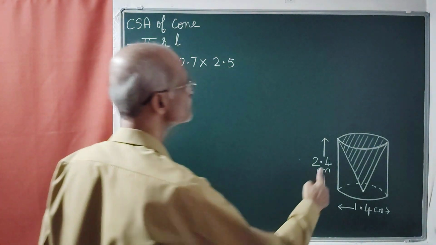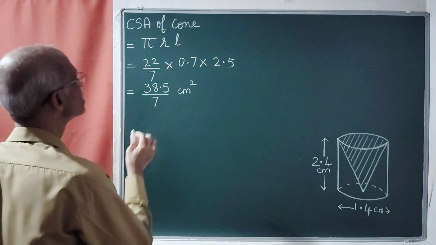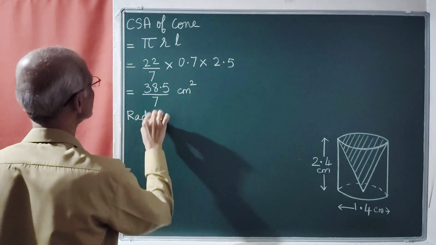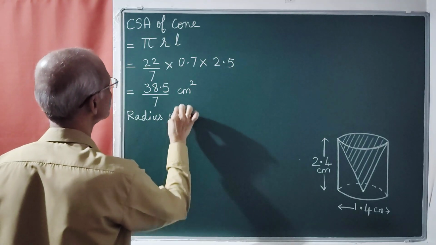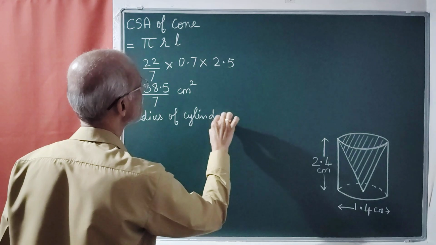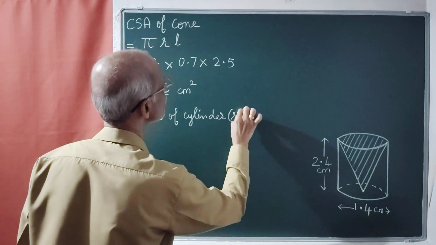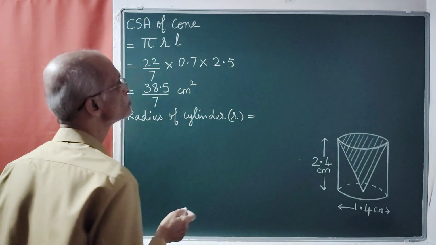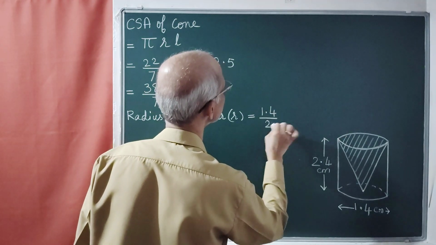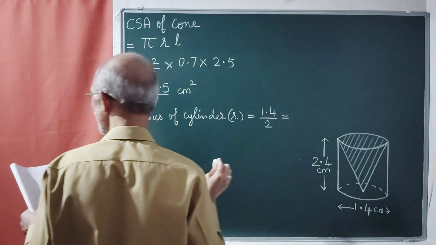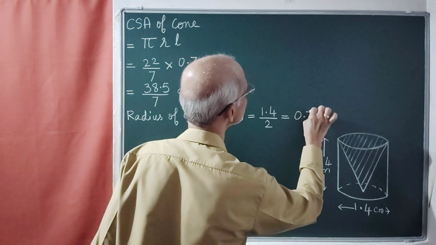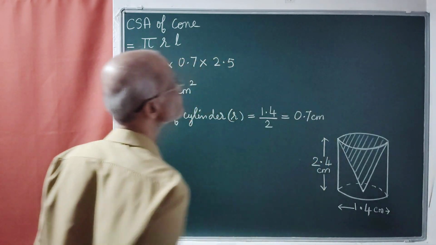Now coming to the cylinder. Radius of cylinder R equal to, this also 1.4 by 2, 0.7 centimeters.